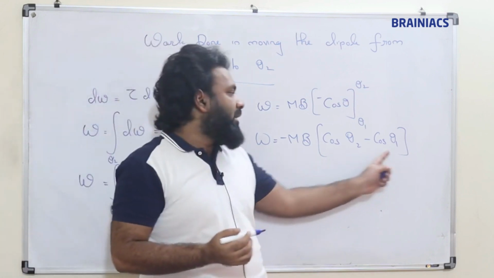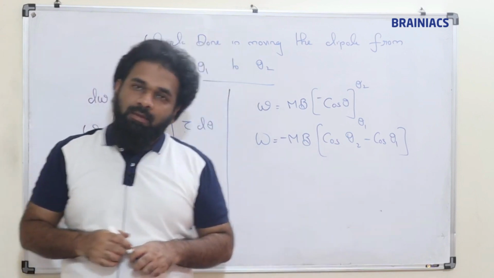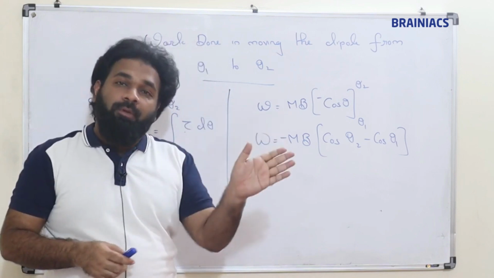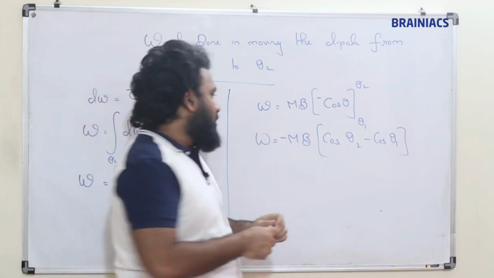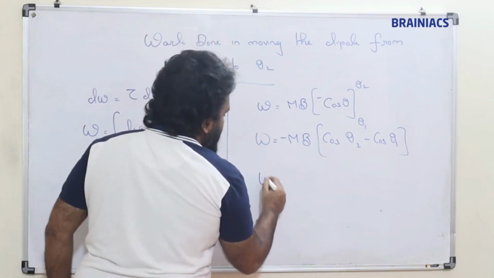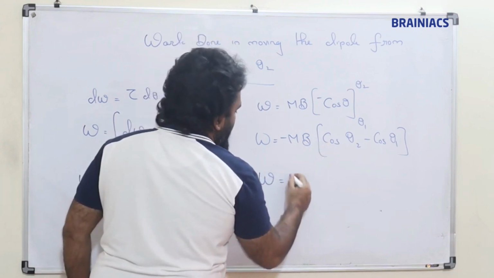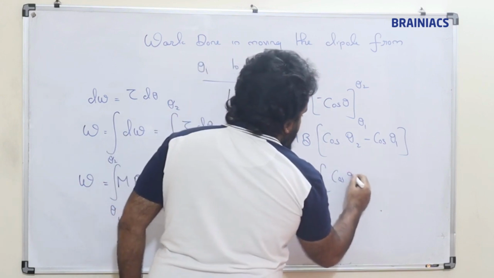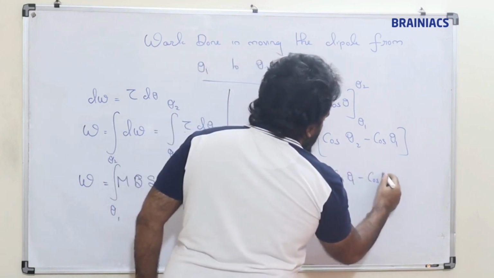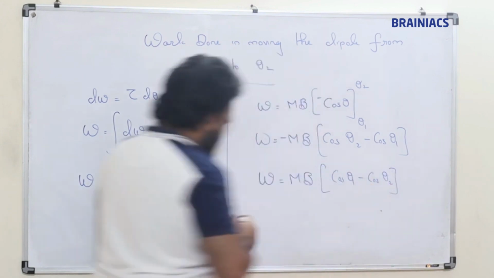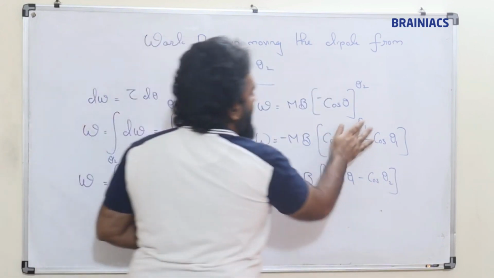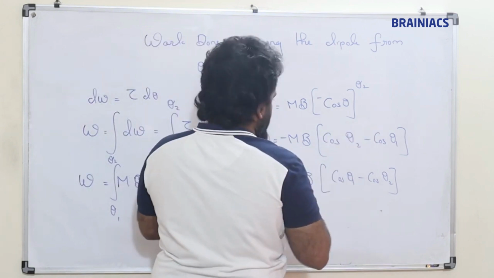Theta 1 is with respect to stable equilibrium. This formula can also be written as work done equal to MB (cos theta 1 minus cos theta 2). So both of them can be used.